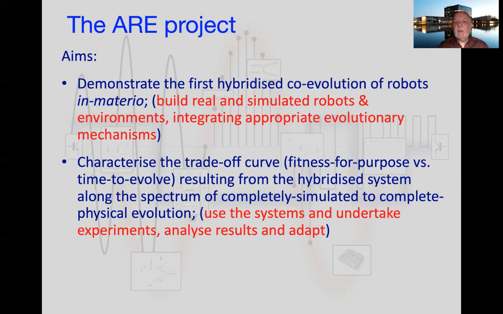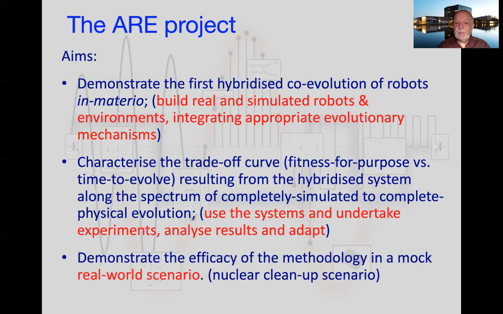And the other end of the curve would be to try and minimize the amount of time we give evolution to produce new robots. And so what we need to do is to try and find the optimal for that in our evolution. And of course, having done that, what we want to do is actually perform experiments, both in simulation and on real robots, to see what results we get and how evolution performs.